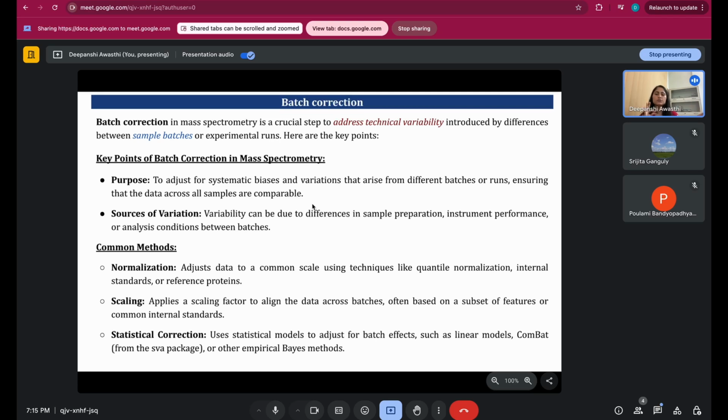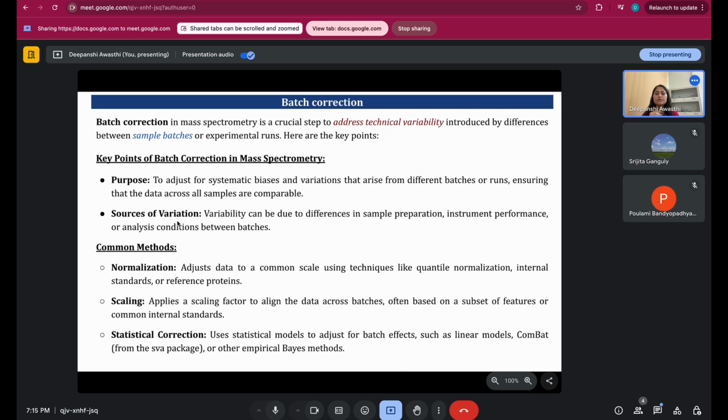They will show some variation. You have to make sure that the variation is not because of the time at which you performed the experiment. That could be a technical error, so you have to adjust for it by performing batch correction.